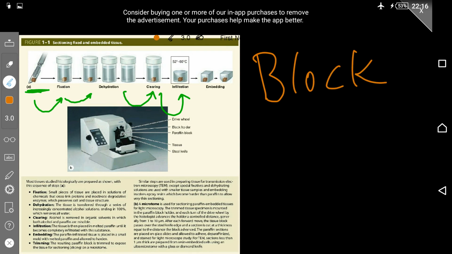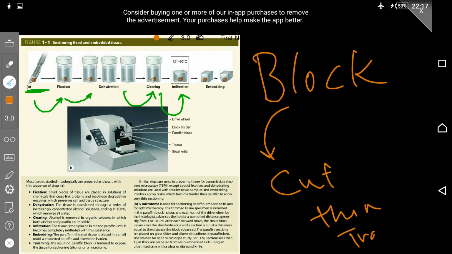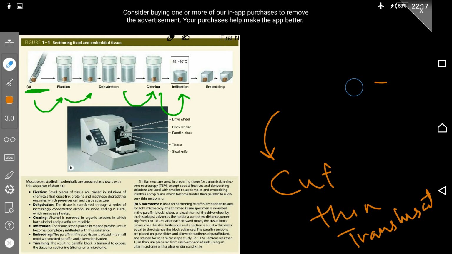So this block of paraffin filled tissue, at the end of the embedding step, is being cut into thin and translucent sections.